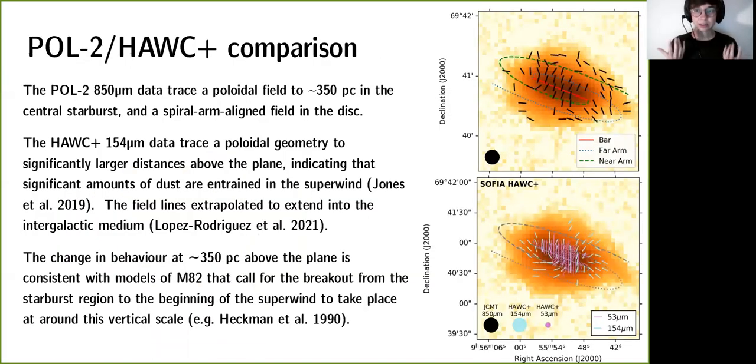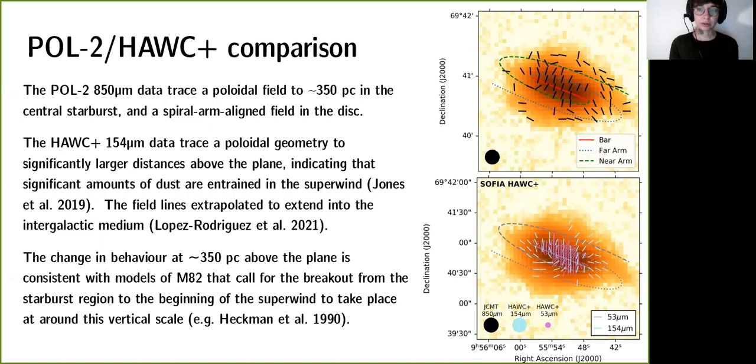How, though, does what we see with POL2 compare to what we see with HAWC Plus? With POL2, we're saying that we're tracing a poloidal field to 350 parsecs above and below the plane in the starburst and a spiral arm aligned field in the disk. Whereas with HAWC Plus, the 53 micron observations are very much constrained to the central starburst, but the 154 micron observations extend further out.